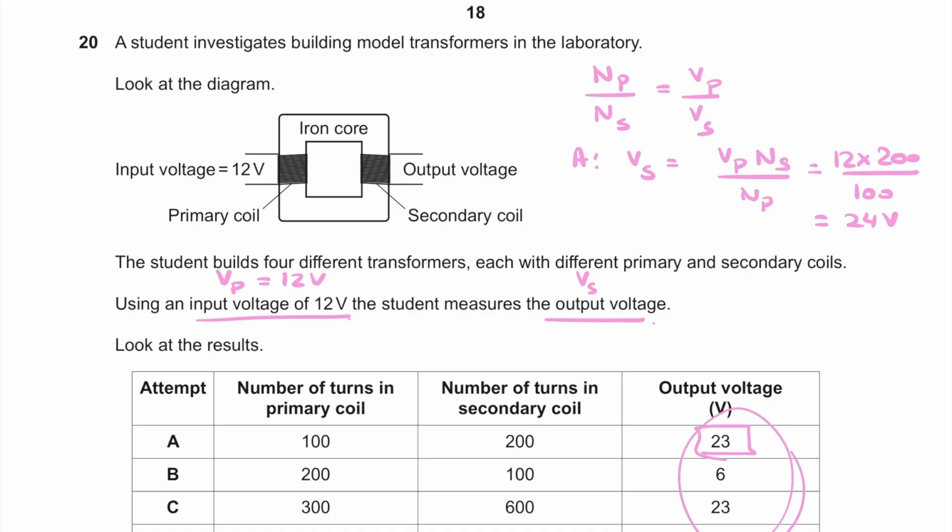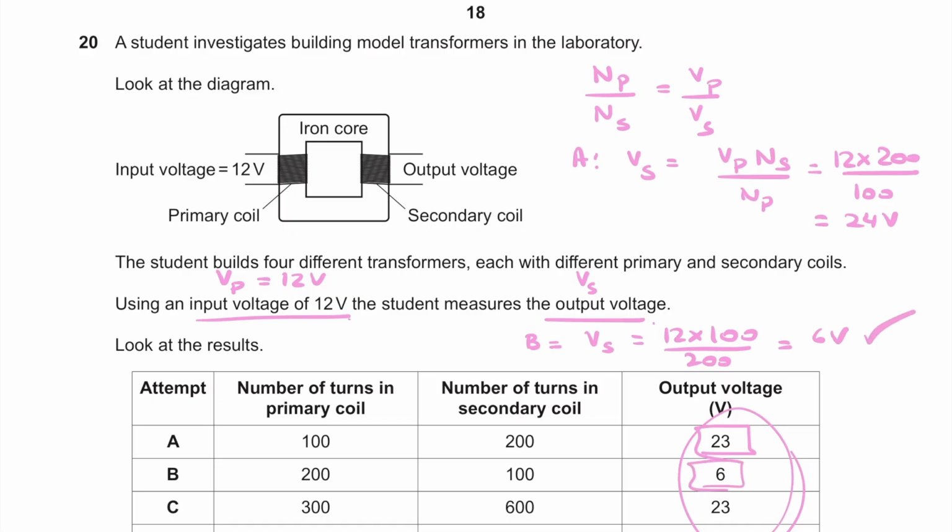Okay, so let's look at the next one. For B, we again know that VS is going to be 12 times 100 over 200, and that is going to give me 6 volts, which matches with this value here.